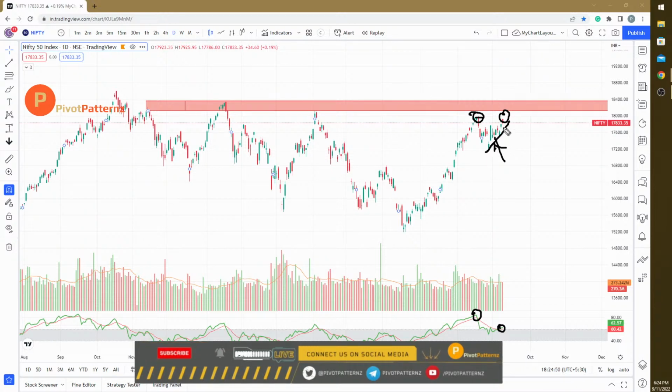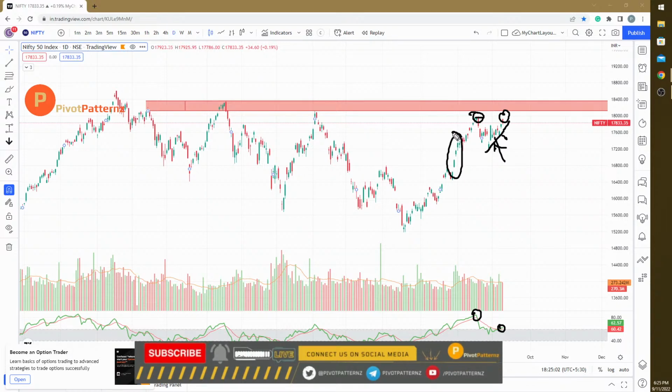You can clearly see red and green candles which have made Nifty go up. So I'm not as convinced as with the earlier rally, where Nifty was very brutal in hitting all the stop losses of the bears.